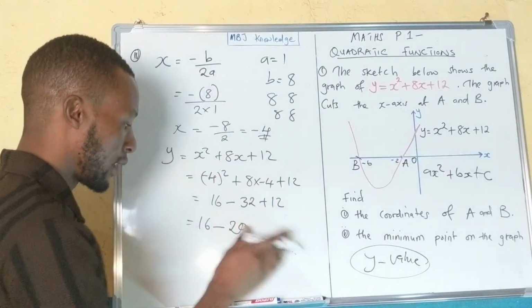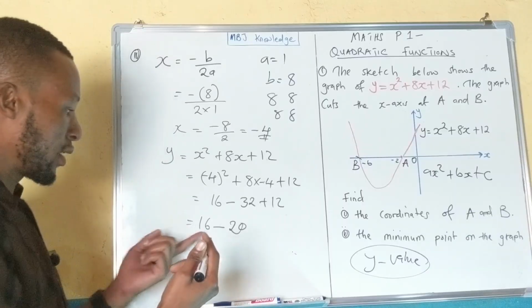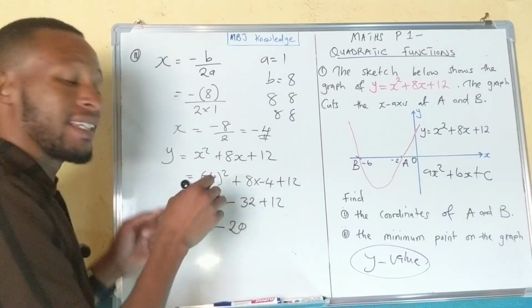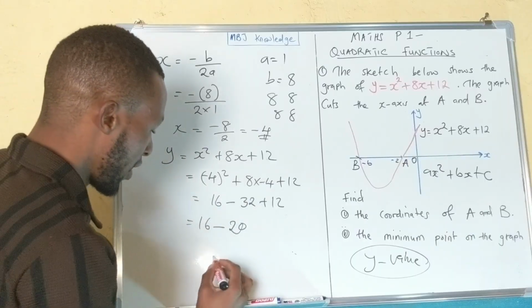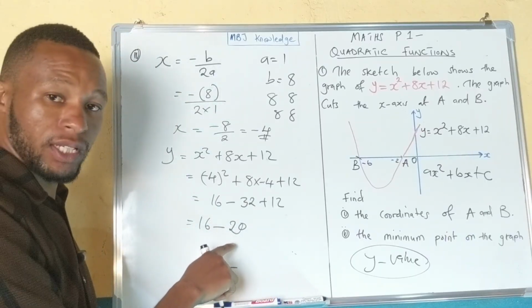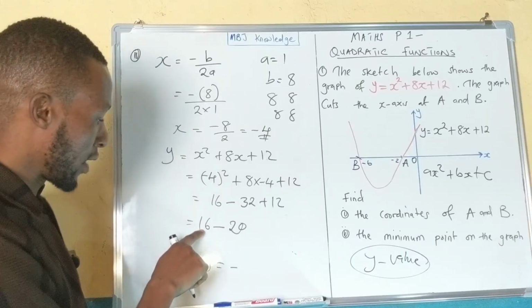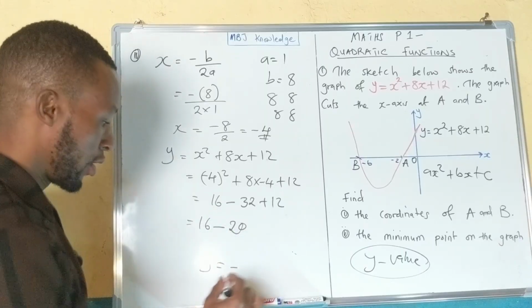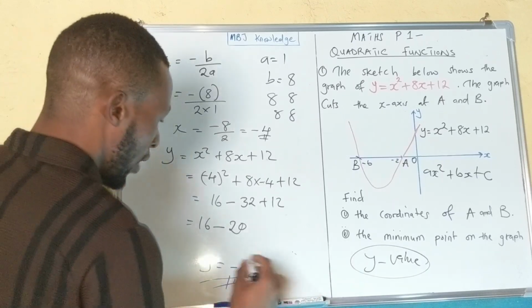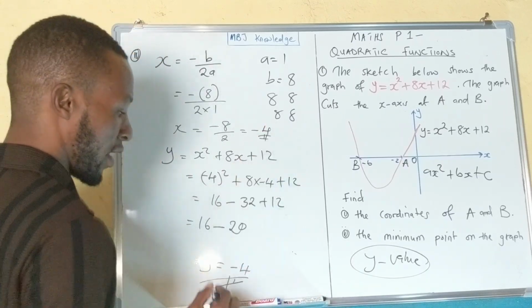Now I can handle these. Same thing, this is positive and this is negative. Different signs, we need to subtract, but get the sign from the bigger number. So our final answer will have a negative because the bigger number 20 has a negative. If I subtract 16 from 20, we're going to have a negative 4. Since it's a point they're asking us, we're going to write the y value and the x value in that case.